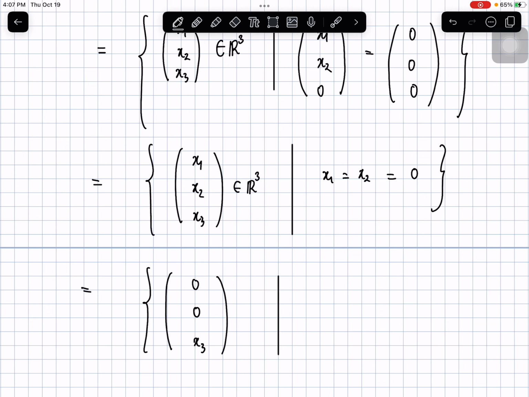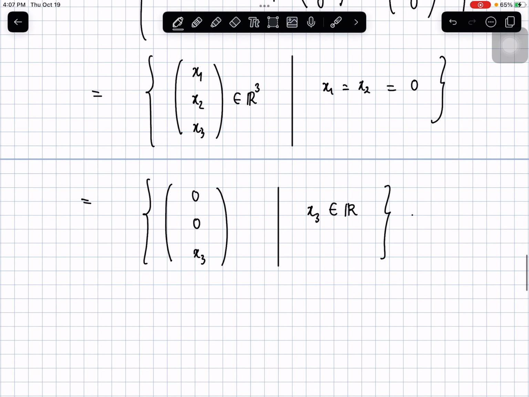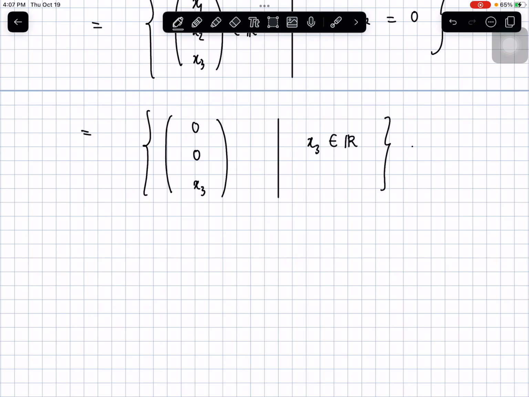So x3 is just an arbitrary real number, and therefore the kernel is just a one-dimensional vector space. It's a subspace of R3 containing all the points. So you can write one more step.